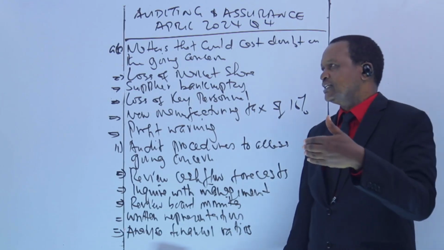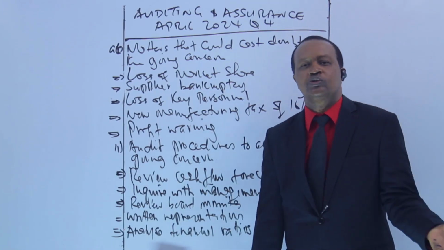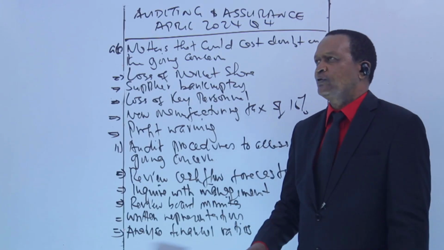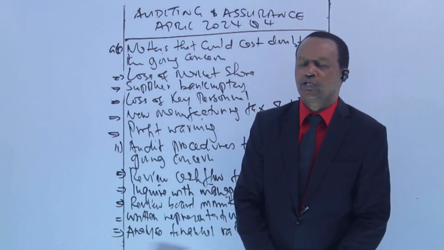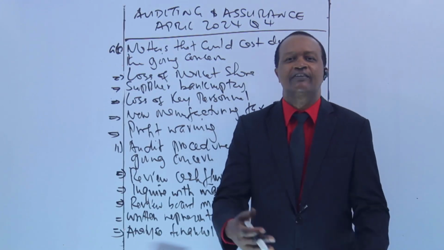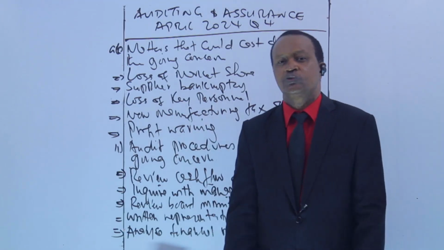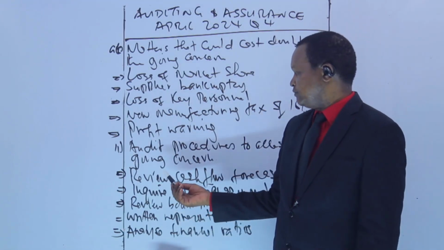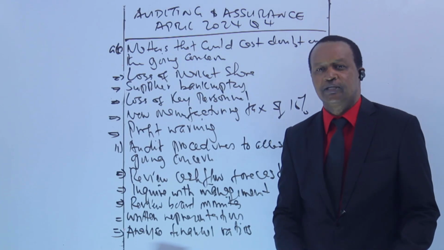Such ratios as the current ratio, the quick ratio. You can also analyze the debt to equity ratio. You can analyze the interest coverage ratio. Those are ratios that can help you to find more information on the going concern aspect of the company.